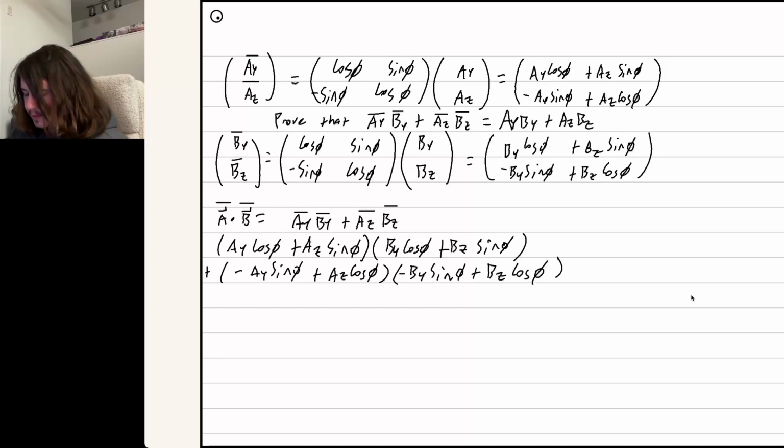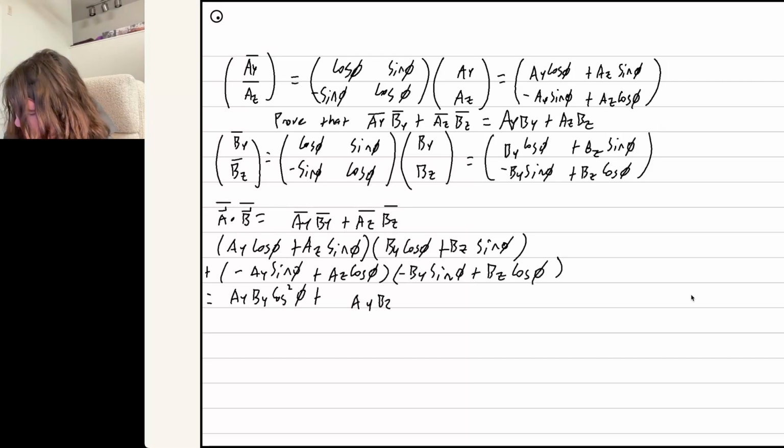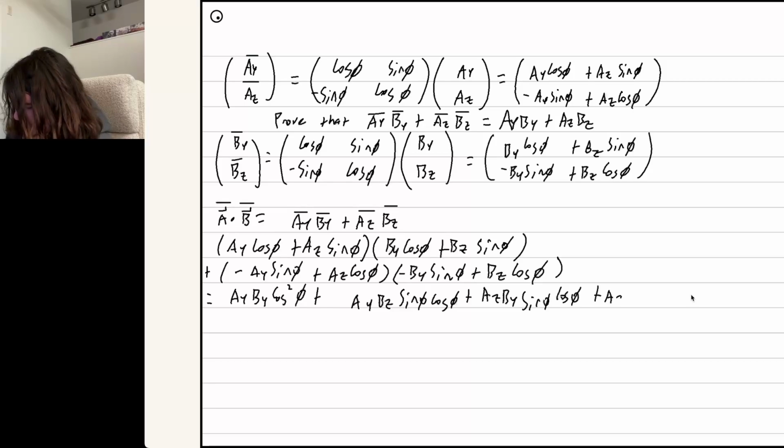And then doing a little bit of FOILing, you see that it's just Ay By cosine squared phi plus Ay Bz sine phi cosine phi plus Az By sine phi cosine phi plus Az Bz sine squared phi.